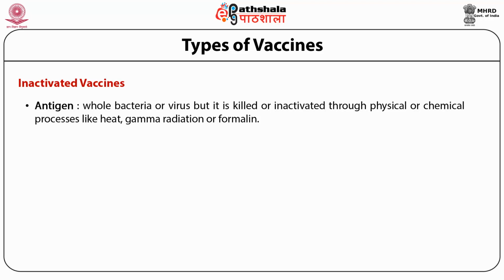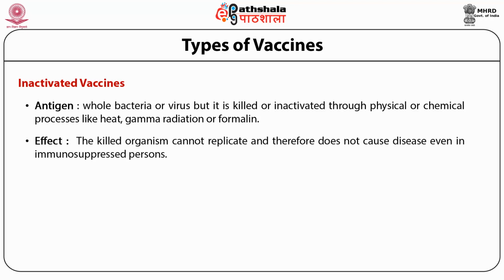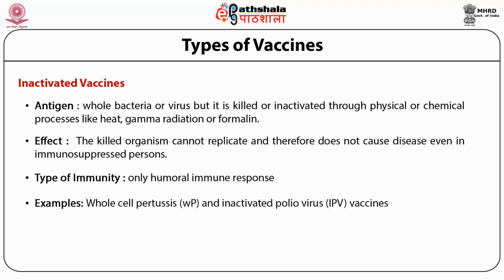So that is why these killed microorganisms cannot replicate, and they do not cause any disease even in immunosuppressed persons. And the immunity which they generate is only humoral immune response, no cell mediated responses generated. Whole cell pertussis and inactivated poliovirus vaccines belong to this category.